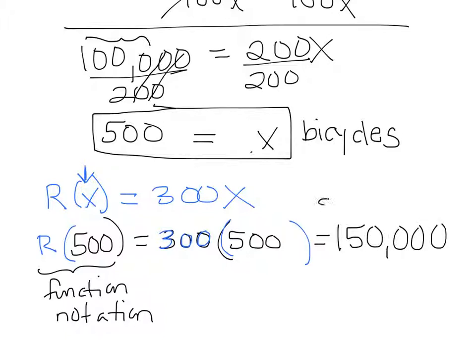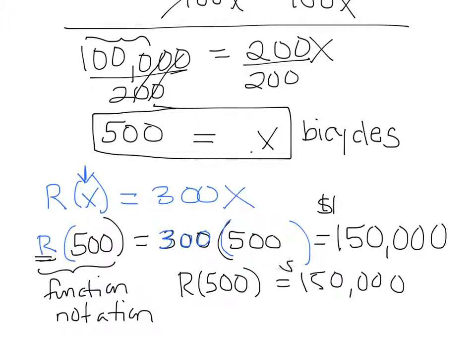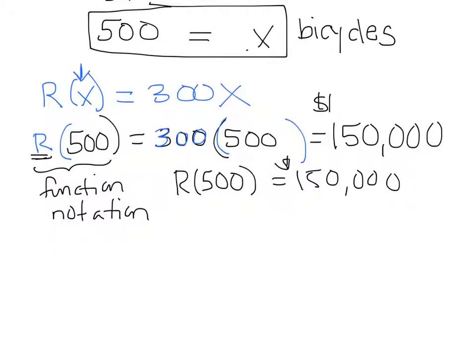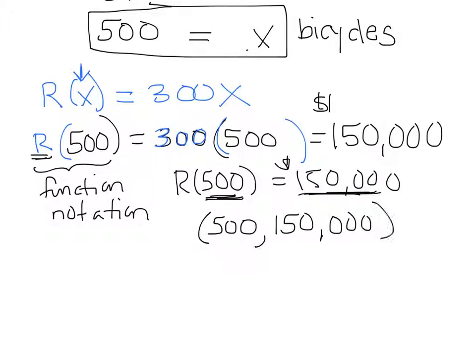So 300 times 500 is 150,000, and this is dollars because we're talking about revenue. So R of 500 is equal to 150,000. This is my x, 500, my input, and here's my y, my output.